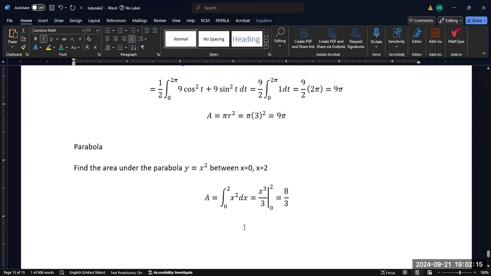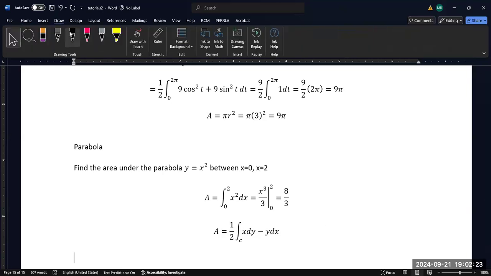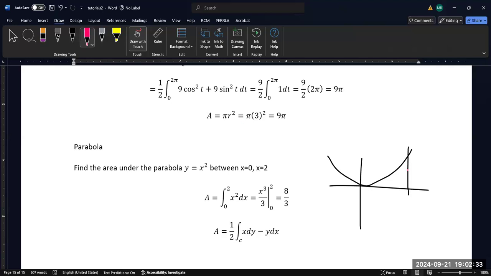Now, for a parabola, we're going to have a little bit more difficult time, because if we're thinking about the area under the parabola, let me draw a little sketch here. Here's our parabola. We're evaluating the area under here, right?